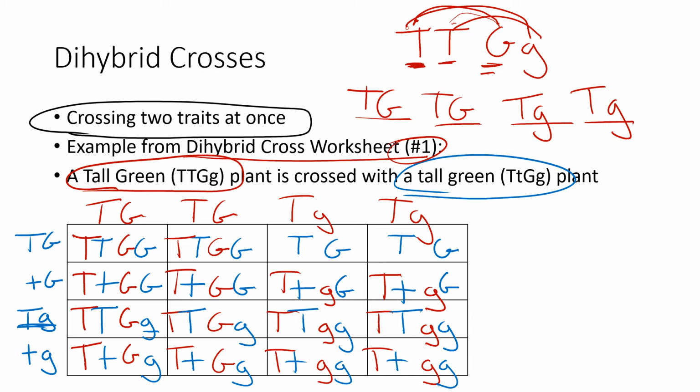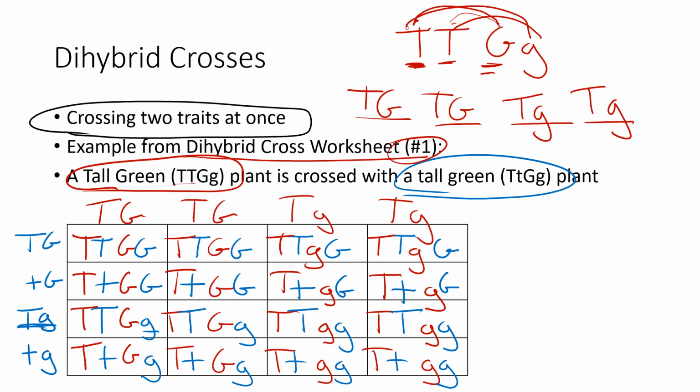Let's say it's not green, so it's going to be yellow. And there could be the potential, I forgot a few here, that some plants are short if they have 2 little t's. But we can see here, because Mom has no little t's, none of the offspring are going to have 2 little t's. So we'll look at that.